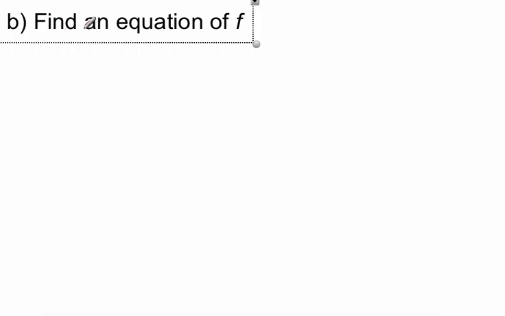B, then find an equation of f. So remember, the generic form here would be f of t, because the input is time, equals a times b to the t. And then I'll let my calculator do the exponential regression and figure out what the a and the b are.